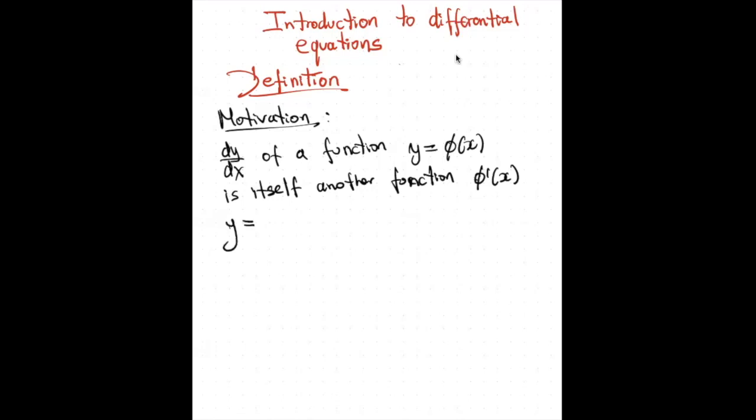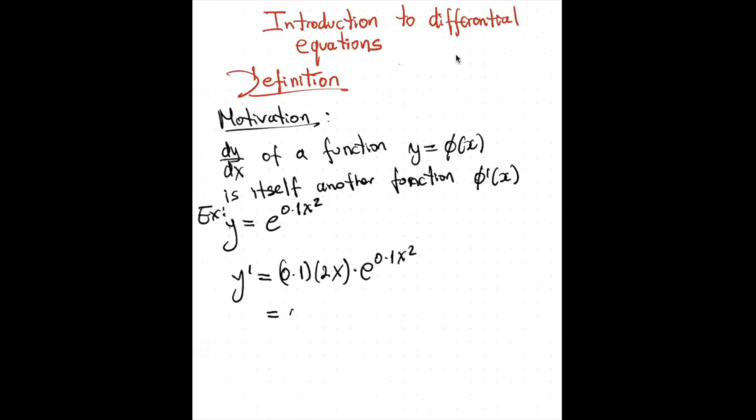For example, applying the chain rule of the derivative in one dimension, we have a function y equal to e to the power of x squared. If we take the derivative applying the chain rule, y prime is equal to 2 times x times e to the power of x squared.